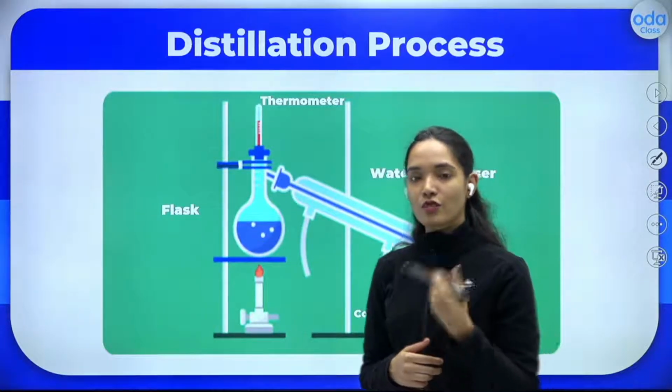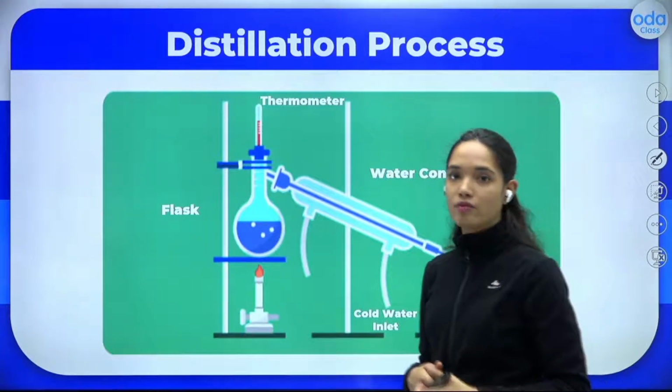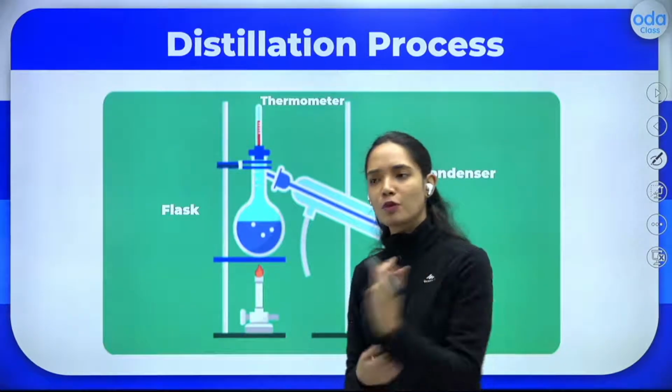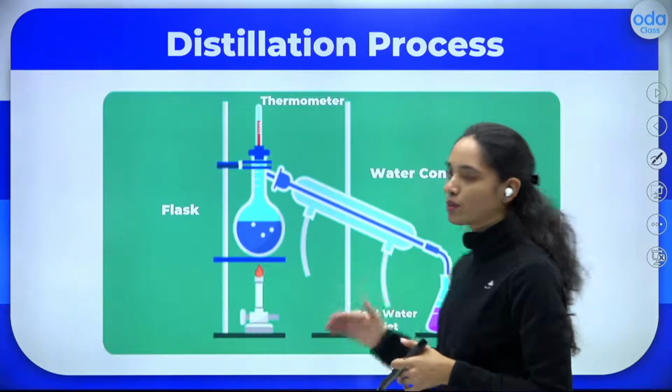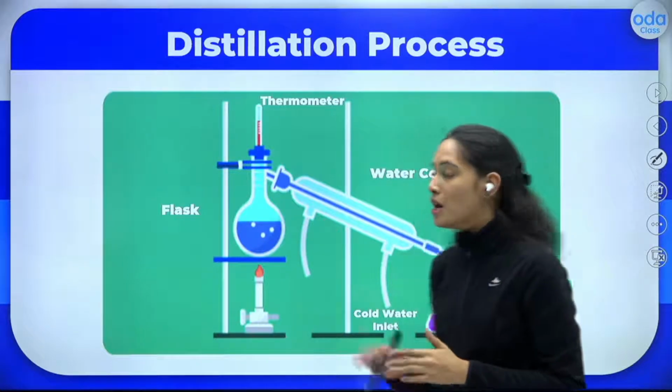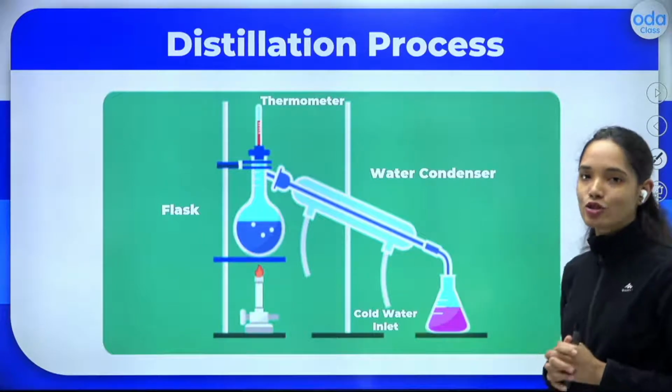The water that we get from distillation is the purest form of water, which is good for performing experiments or other things. So to get this purified water, that is distilled water, we need a proper unit, and this is called a distillation unit.